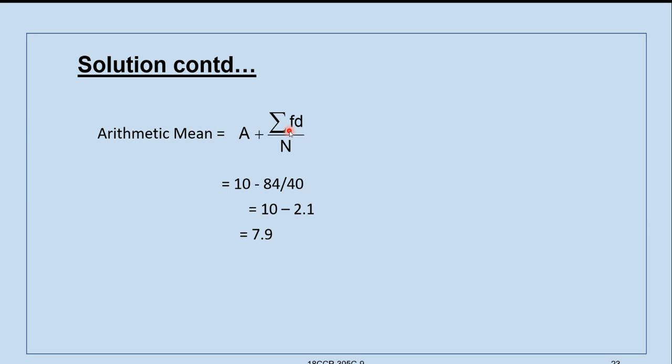Assumed mean is 10, sigma FD is minus 84, and N is 40.